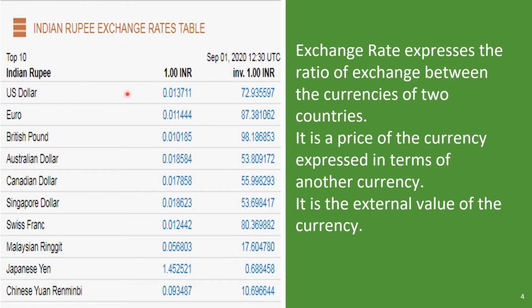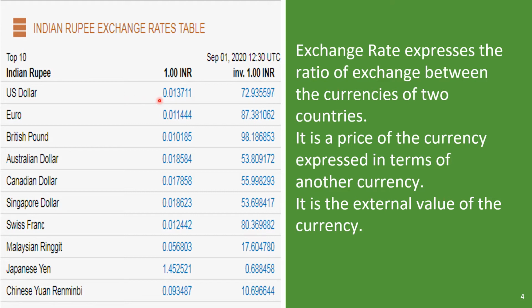So for 1 US dollar, we can get 72.93 rupees. For 1 euro, we can get 87.38 rupees. For 1 Great British pound, we get 98.18 rupees. As opposed to that, we have the value of the Indian rupee in terms of these foreign currencies.